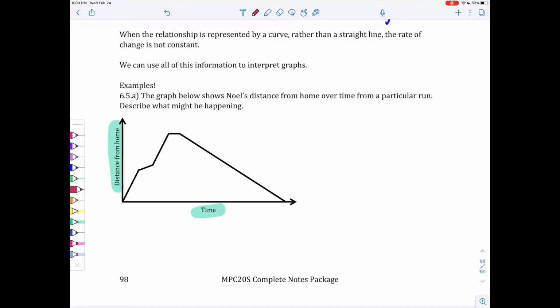Just for clarity, I'm going to call this line segment here A. We'll call this next one here B, then C, then D, then E. Just so that we can talk about them and make sure that we all are on the same page here. But there's 5 different line segments here. One thing we might note is all of these line segments are straight. So what does that tell us about each of the rates at each of these points?